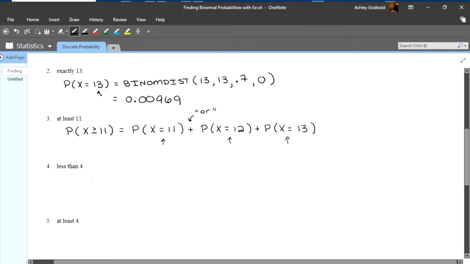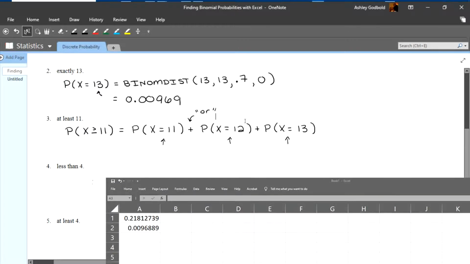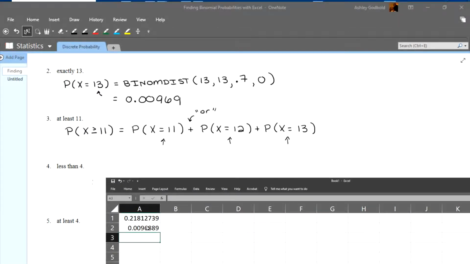Anyways, if I want to do this in Excel, I just need to do the binom dist function for each of the three and add them up. So let's go back to Excel. Now if I look at my previous one, this actually has one of the ones that I want to do in it. I'm going to copy it to the next cell, and then I'm going to copy and paste this within that line.